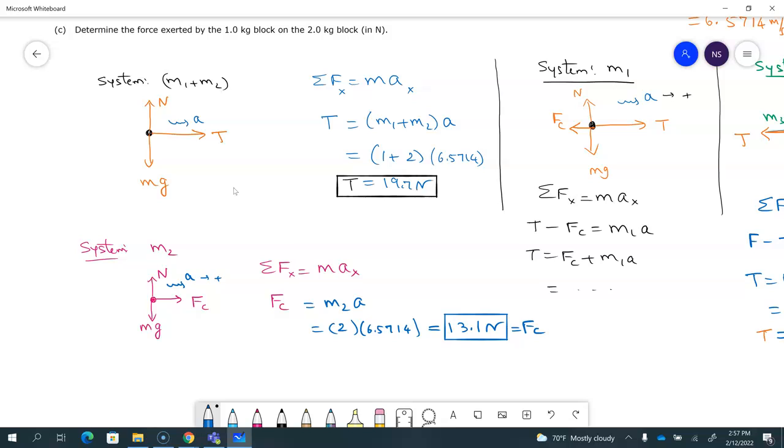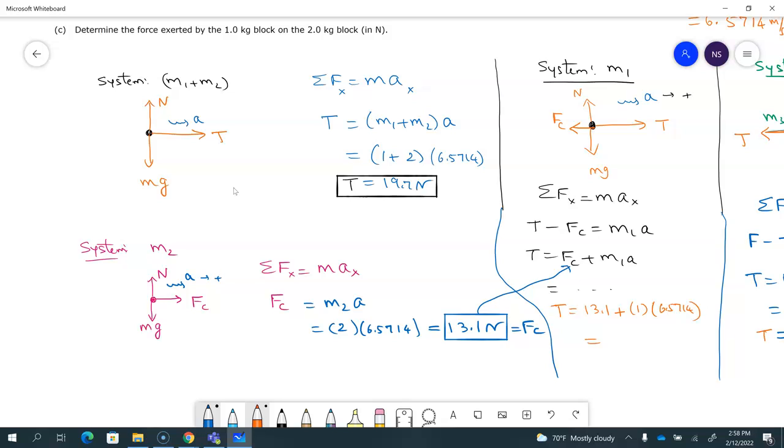So if I come back to my system as M1 where I needed the contact force, now I have figured out the contact force. I can go in there to calculate my tension. So the tension T is equal to Fc, which is 13.1, plus M1, which is 1 kilogram, multiplied by the acceleration, which was 6.5714 meters per second squared.